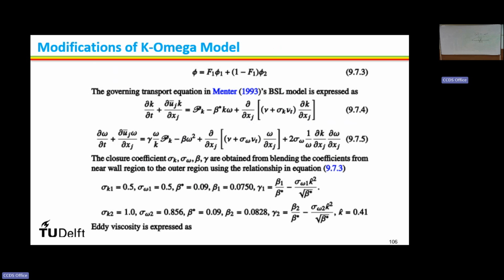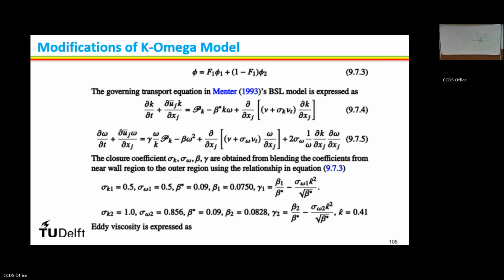He calculated the blending function. That blending function explicitly depends upon the distance from the nearest wall, right? Once the blending function is known, he blends these parameters. At a particular grid cell, first he evaluates the blending function. Once the blending function is known, he finds the value of beta, so that it is beta 1 times the blending function plus 1 minus the blending function times the beta 2 value.